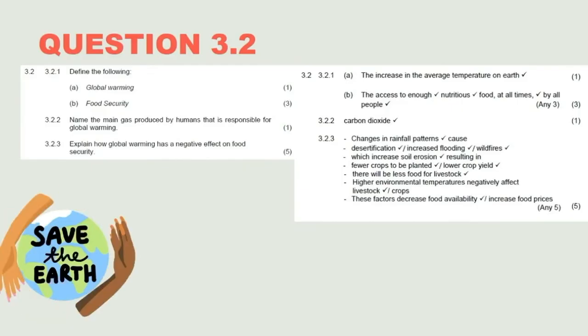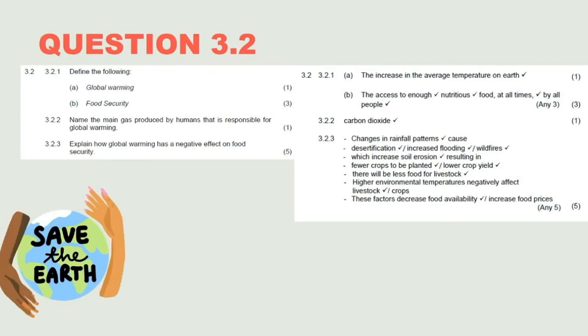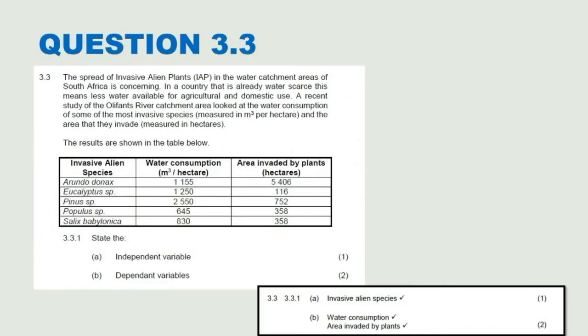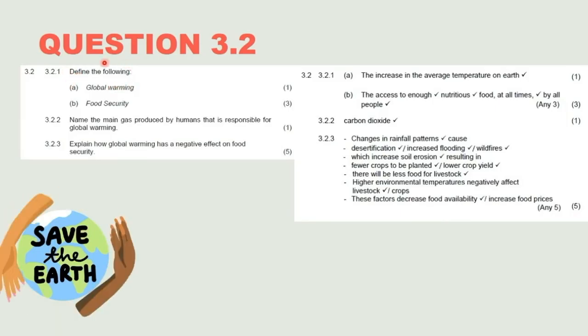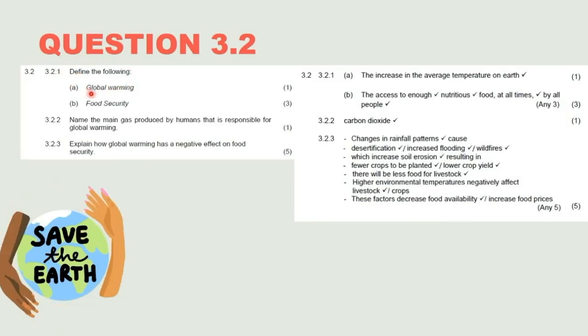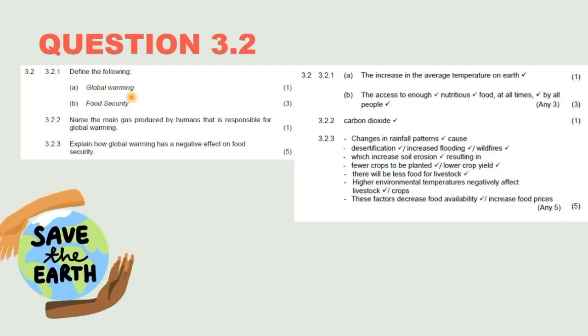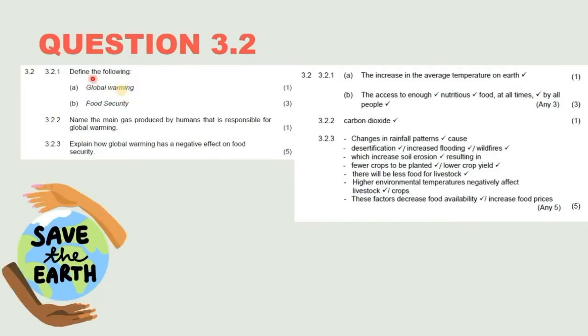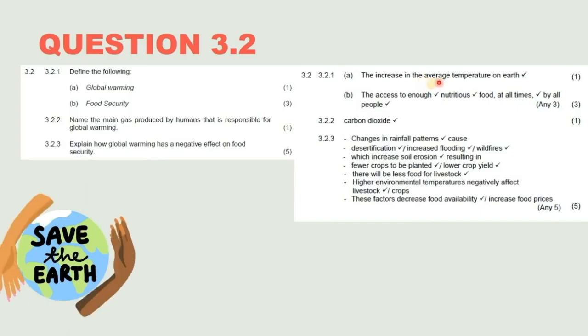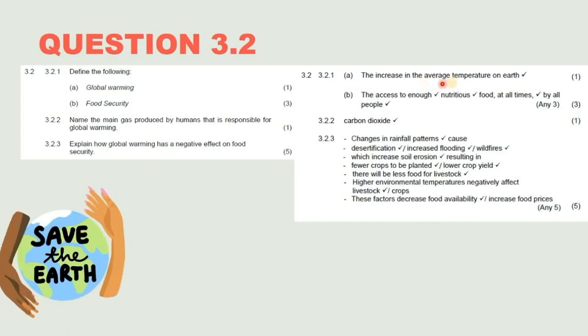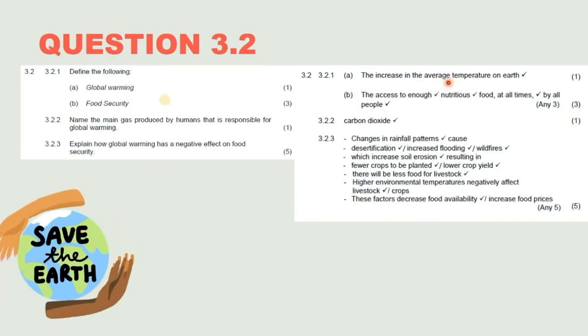So let's have a look at question 3.2. Question 3.2.1. Define the following. You have to give the definition of global warming and food security. Global warming is the increase in the average temperature of Earth. It's very important that you mention the words average temperature.